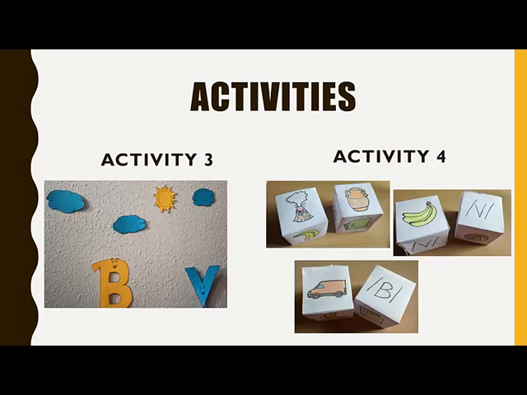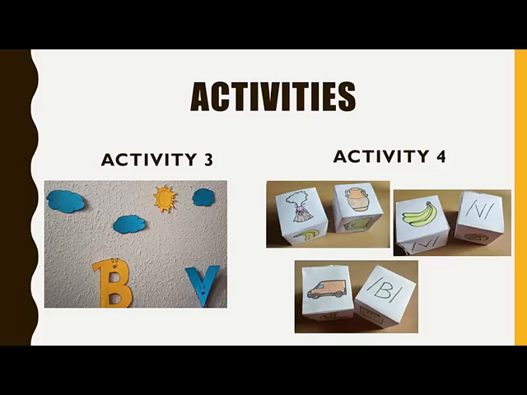One by one, each pupil has to throw one of the dice. If they get an object, they have to say if this object contains the sound V or B, and they are going to say the word aloud. If they get the V or the B on the dice, they have to say a word that contains this sound.